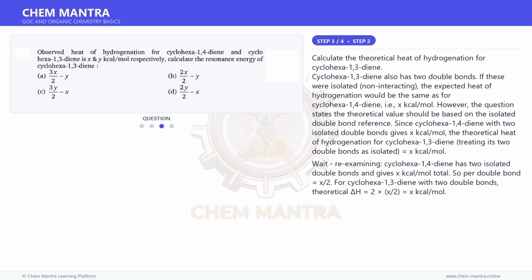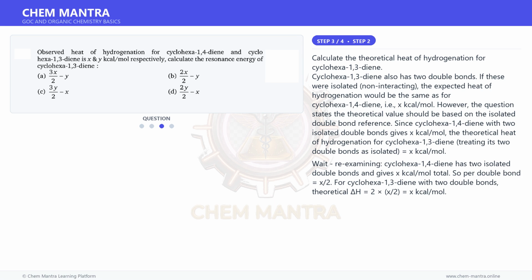Calculate the theoretical heat of hydrogenation for cyclohexa-1,3-diene. Cyclohexa-1,3-diene also has two double bonds. If these were isolated, non-interacting, the expected heat of hydrogenation would be the same as for cyclohexa-1,4-diene, i.e., x kcal/mol.